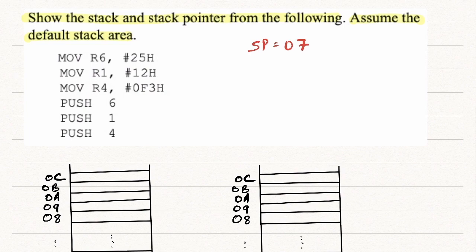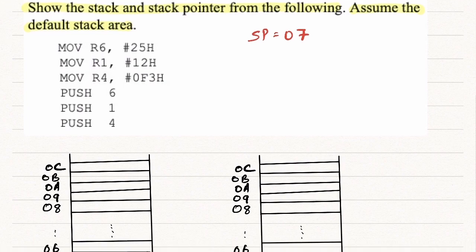And the instructions: the first instruction says move R6, 25H. So the value 25 is directly, immediately moved to the register R6. Similarly, 12 and F3, these are the three immediate data moved to R6, R1 and R4 respectively.